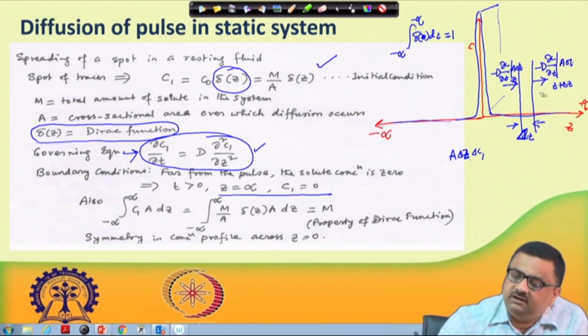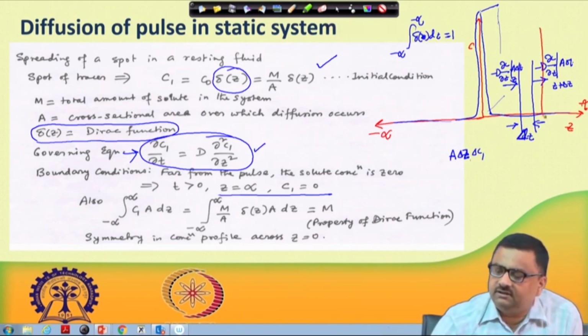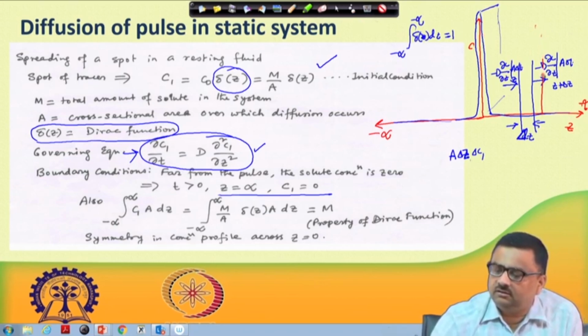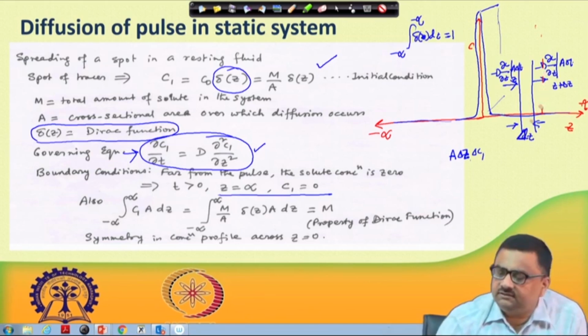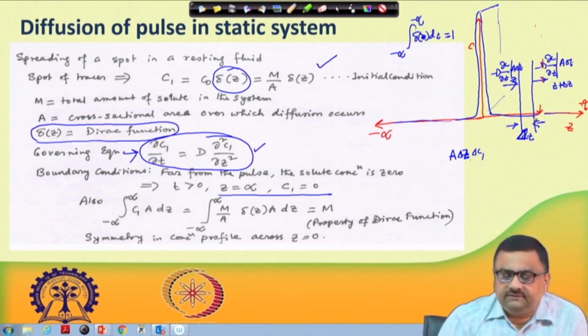See, at any location, let us say we are looking at this location, the concentration is, say, C1.